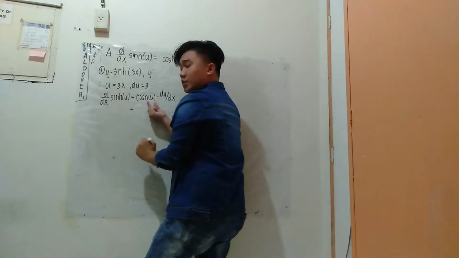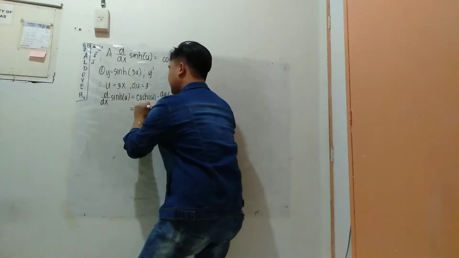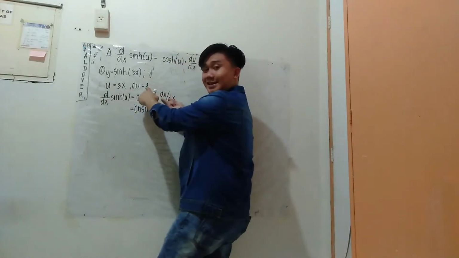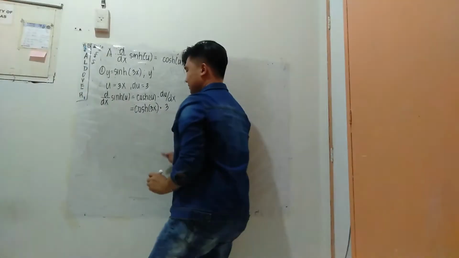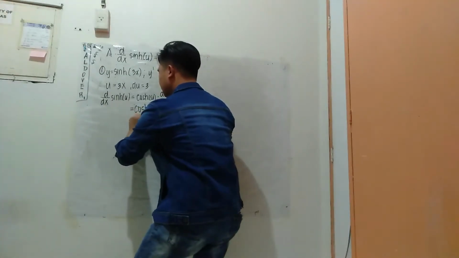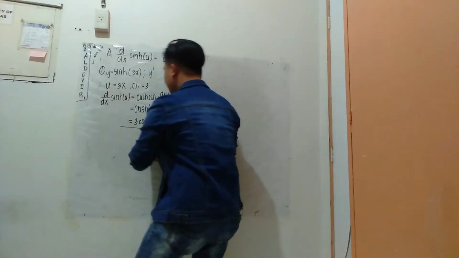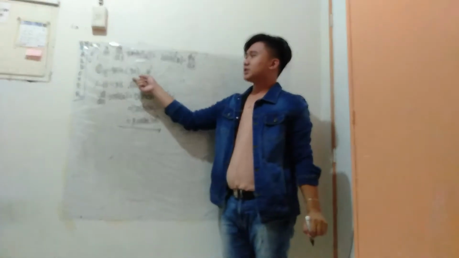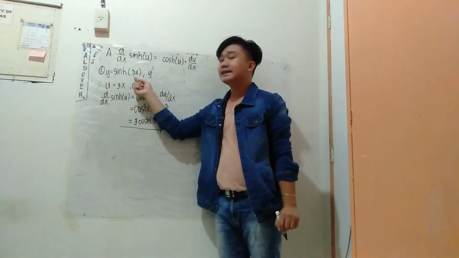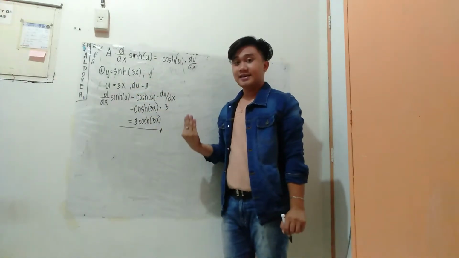Cosh u, what is u? 3x. So, this is cosh of 3x times du dx, which is 3. Ayusin ko lang, this will become 3 cosh 3x. And this is already the derivative of sinh 3x, or hyperbolic sine 3x. Okay? So, it is as easy as that.